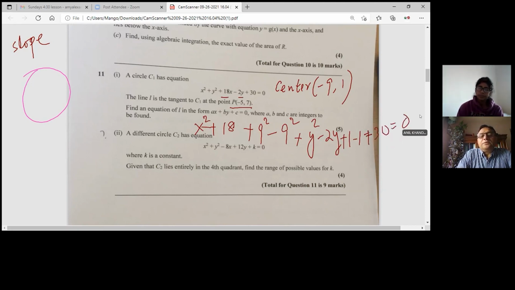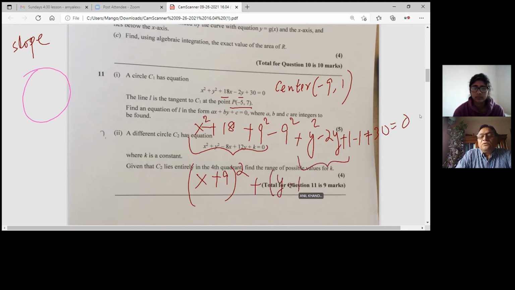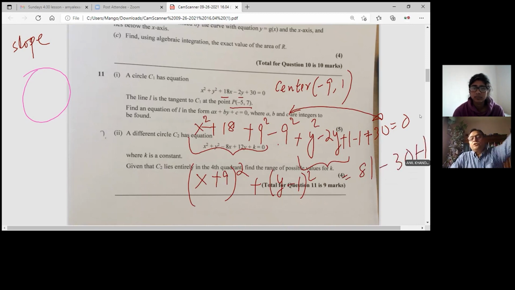So these three terms will give you a perfect square, which is (x plus 9) whole squared. Do you see that? And these three terms will give you a perfect square, which is (y minus 1) whole squared. Combining 81, this and this, you get the radius squared, which, when we bring it to the other side, is 81 minus 30, and then -1 becomes +1. Is that clear to you? Yeah.